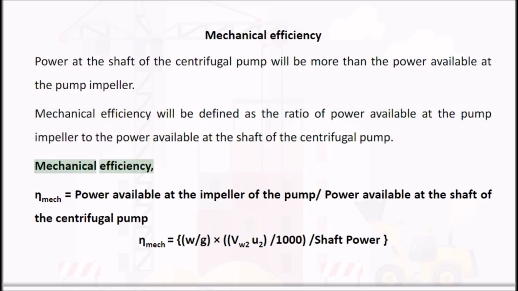Eta mech equals power available at the impeller of the pump over power available at the shaft of the centrifugal pump. Eta mech equals W g times Vw2 u2 over 1000 shaft power.